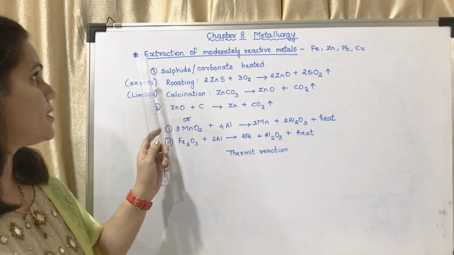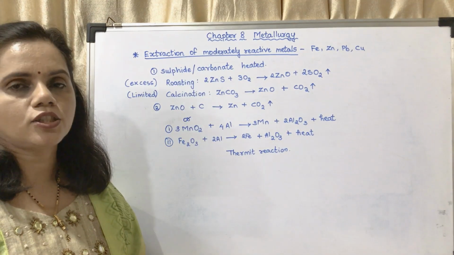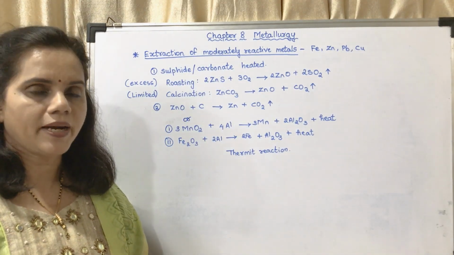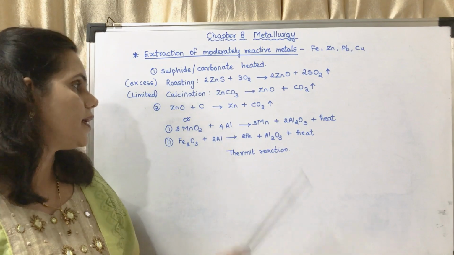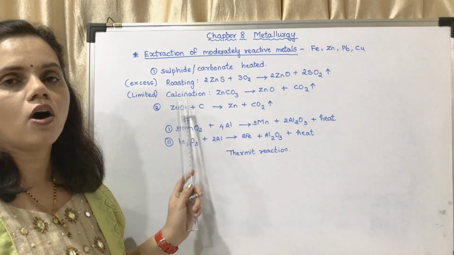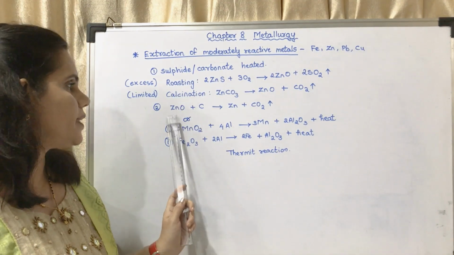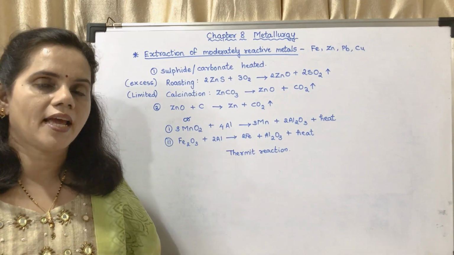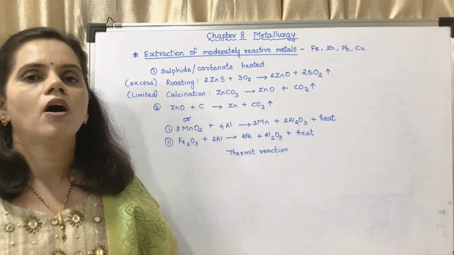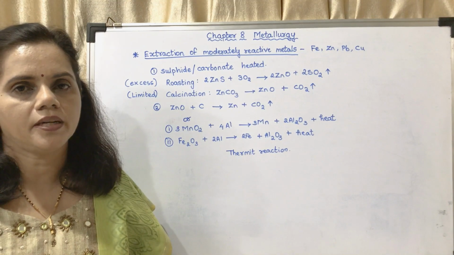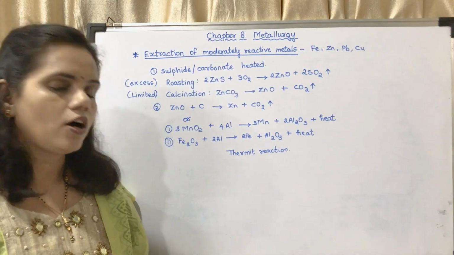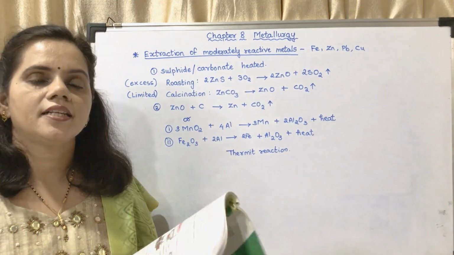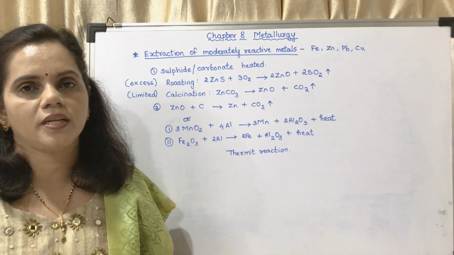So these are the steps for extraction of moderately reactive metals. In the first step, it is either roasted or calcined. In the next step, it is made to react with a more reactive metal or reduced with carbon. Now you may see on page number 105, there is a 'Do you know' diagram.